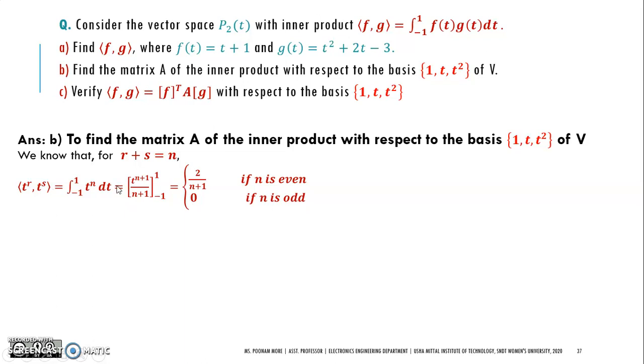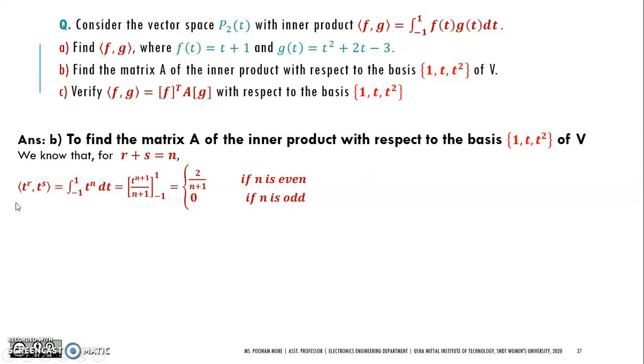Then depending on whether n is even or odd, the integration will give these results. If n is even, the integration will be equal to 2 by n plus 1, and if n is odd, then the integration is equal to 0.